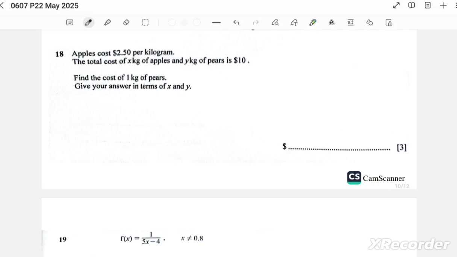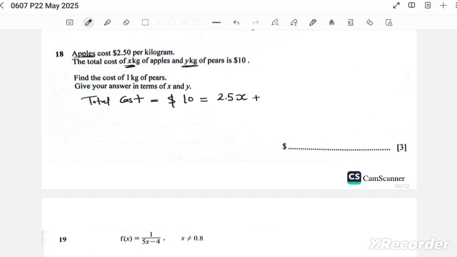Okay. So the total cost, which is $10, equals apples, it's 2.5 per kilogram. How many kilograms did they say? We have X, so we have to multiply 2.5 X. Plus, we have here Y kilograms, but we don't know the cost.